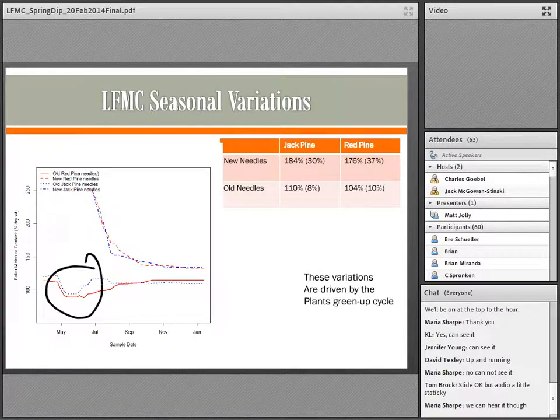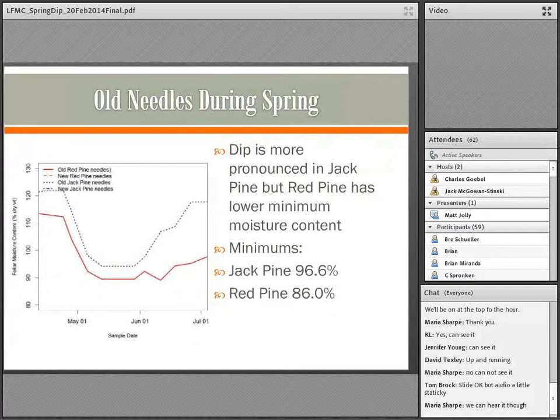So as the new needles emerge, the old needles actually give up carbon to the new needles and alter their dry weight accordingly. And if we look at how that shakes out in terms of the actual chemical analysis, we'll see that emerge a little bit more.